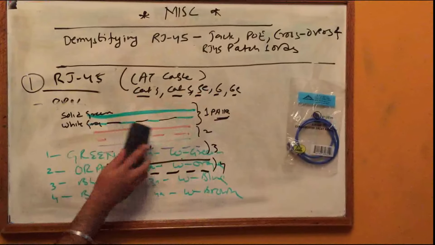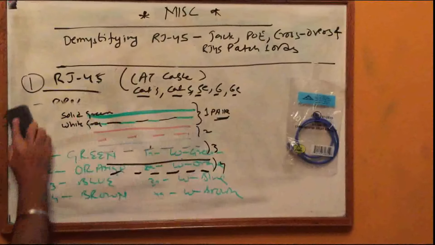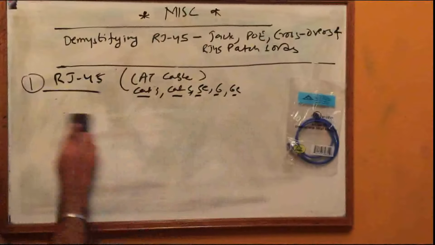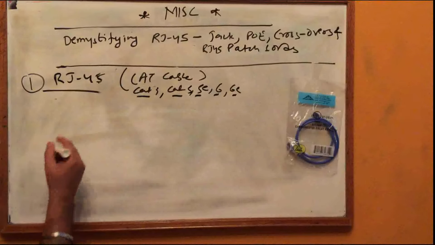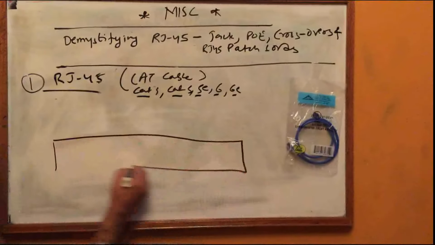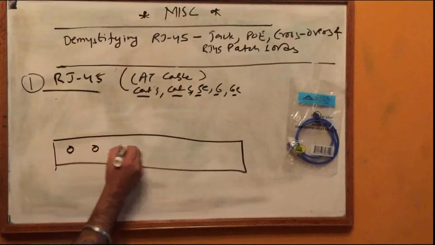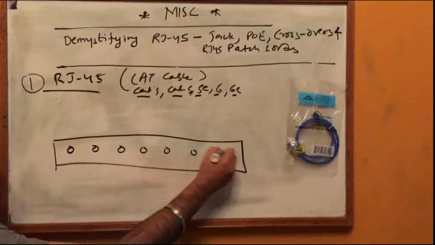Now these 4 pairs are inserted into the RJ45 jack. So let's talk about what exactly an RJ45 jack is and what the pin configurations for the standards are. I will use a black pen, and I will try to make it a little bigger so that you guys can understand. So this is 1, 2, 3, 4, 5, 6, 7, 8.